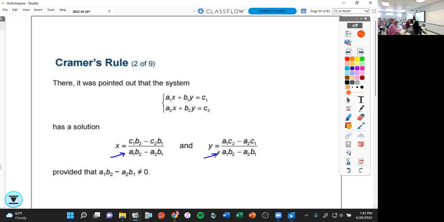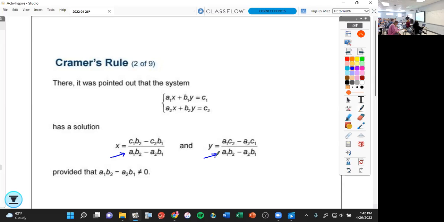For Jacob, it's the down product minus the up product. For Nevaeh, it's the down product minus the up product. And I'm not doing it for everybody, okay? But it's the coefficients. The coefficient determinant is in the denominator. What about the numerator? They're different. What changed about them? We'll talk about it in more detail later.